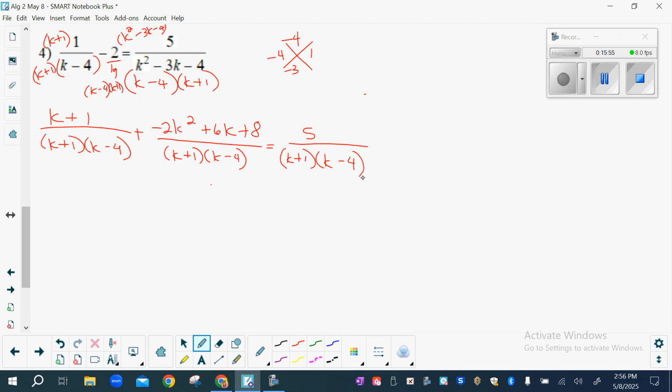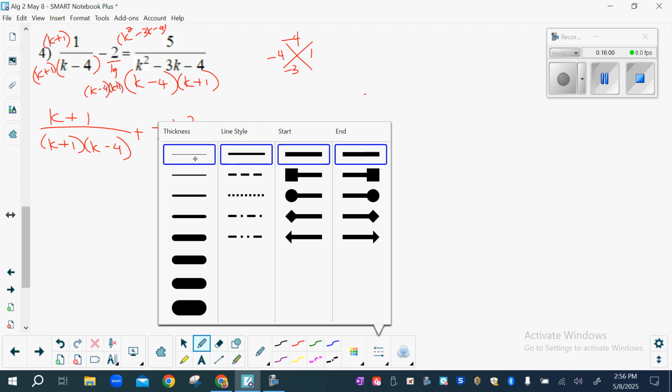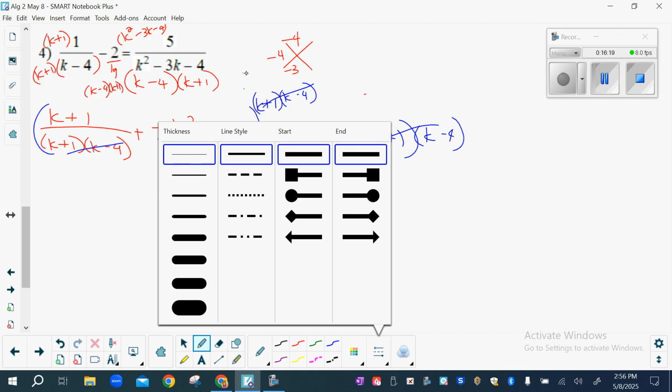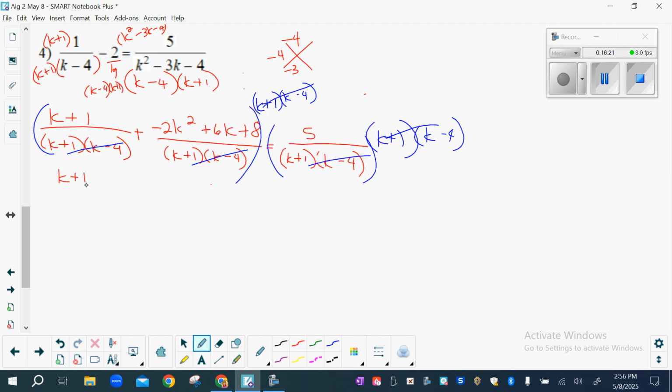So we're going to multiply both sides by the k plus 1 times k minus 4, which will cancel the denominators. And we get k plus 1 minus 2k squared plus 6k plus 8 equals 5.